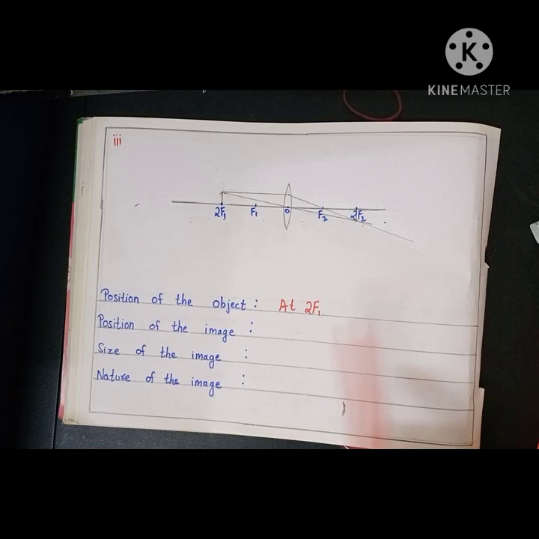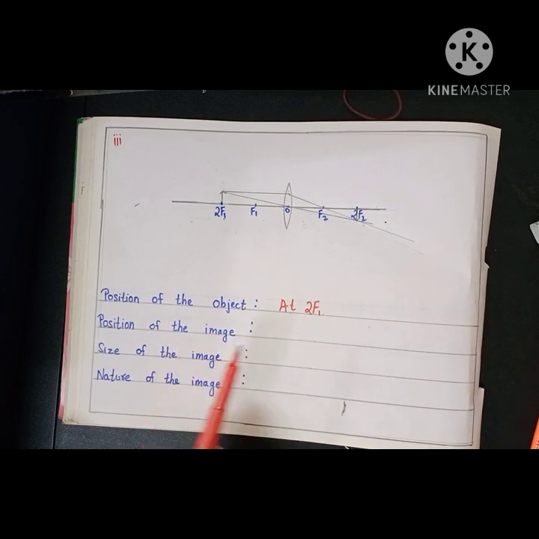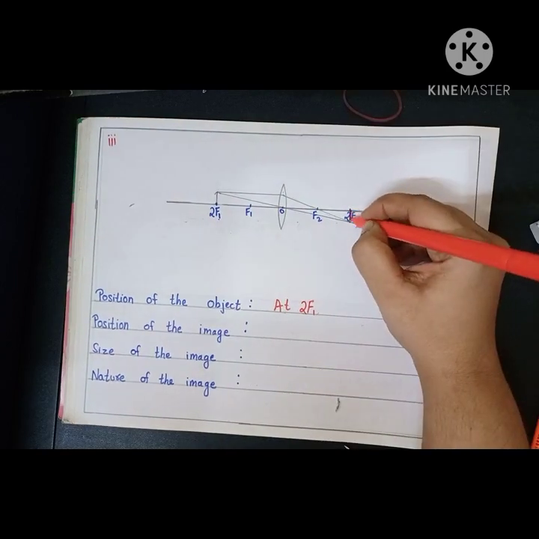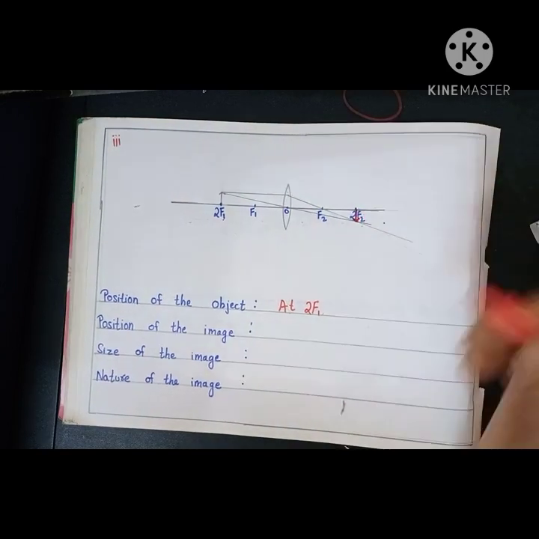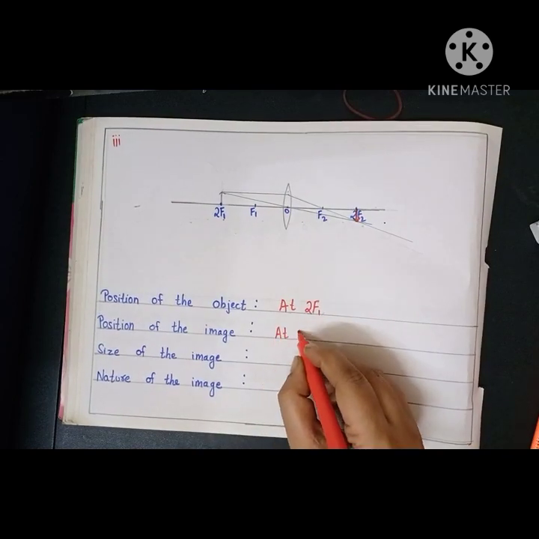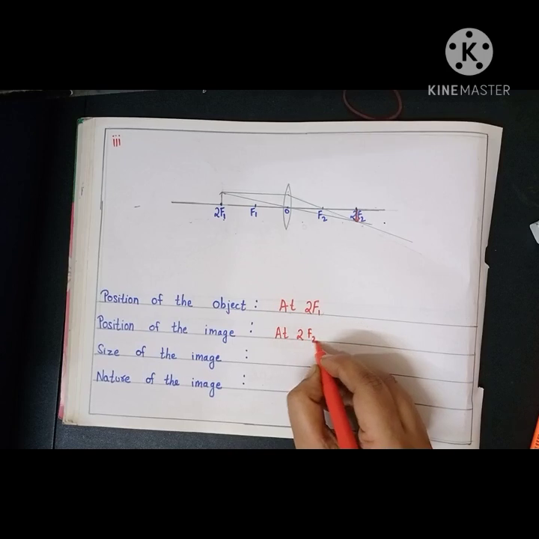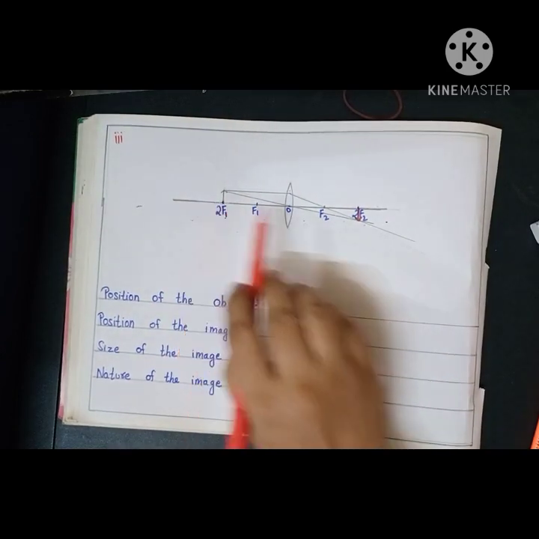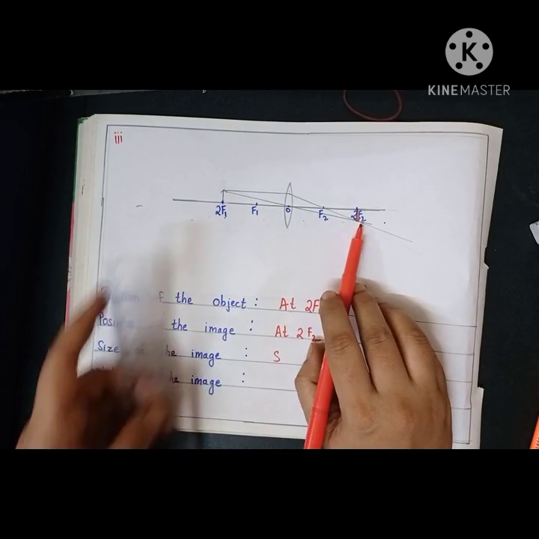So what is the position of the image? The position of the image is at 2f2, as you all can see it here. So you will write at 2f2. What is the size of the image? The size of the image is of same size.